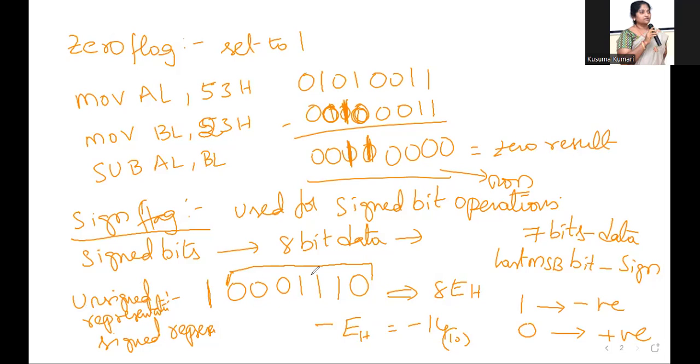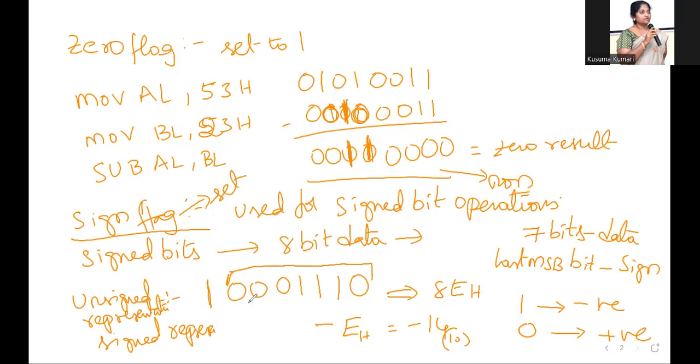That is the signed bit. This is the signed bit operations. Okay. Now what is the sign flag? Sign flag is used for signed bit operations. When the most significant bit of the result is 1, then the sign flag is set. Okay.